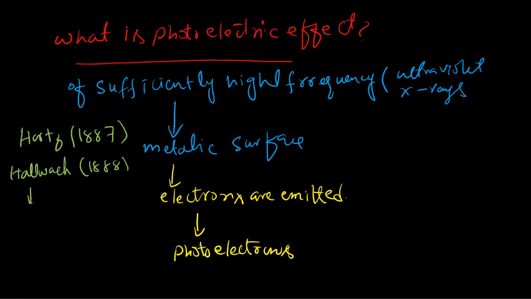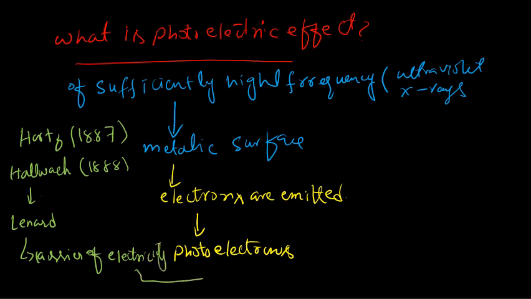Further, another scientist contributed and confirmed that the carriers of electricity in the photoelectric effect are photoelectrons. So this was the contribution of three scientists, Hertz, Hallwachs, and Lenard. Now we go to the experimental setup of the photoelectric effect.